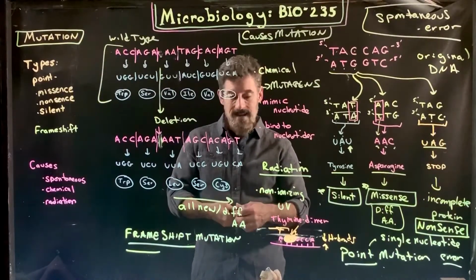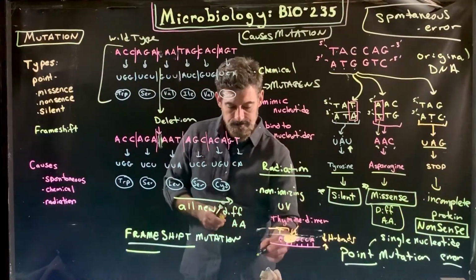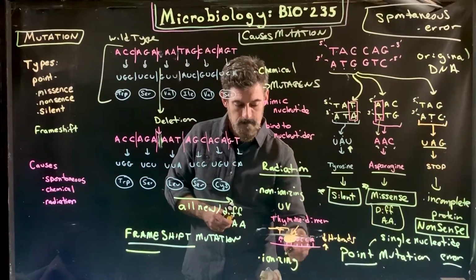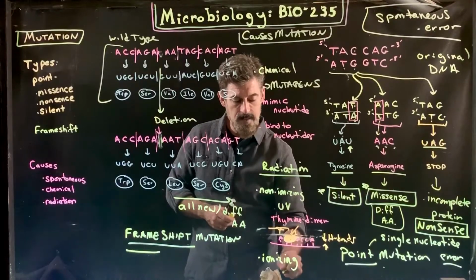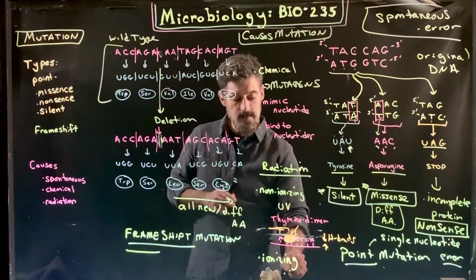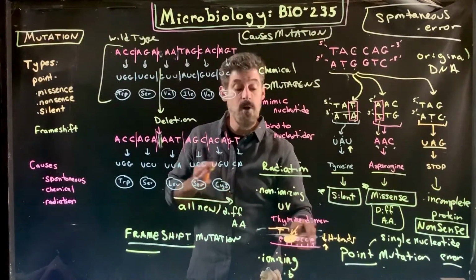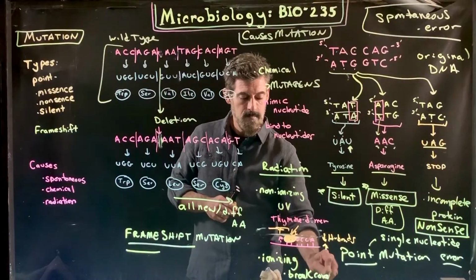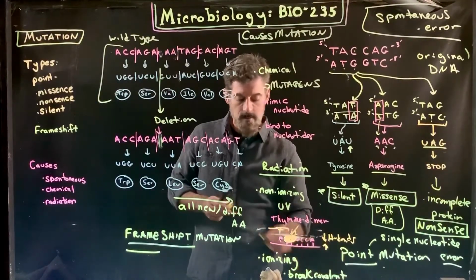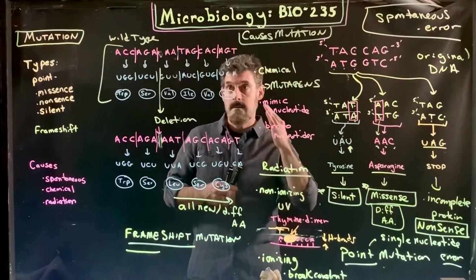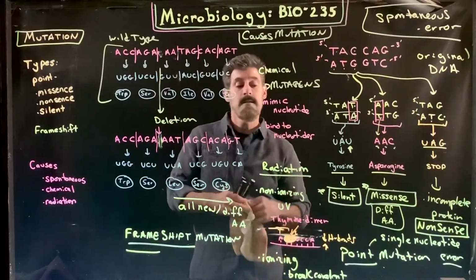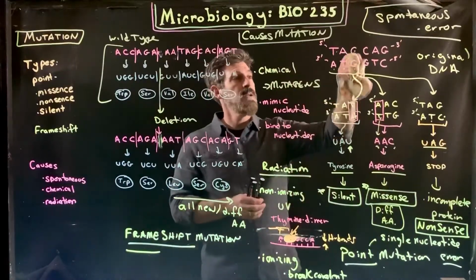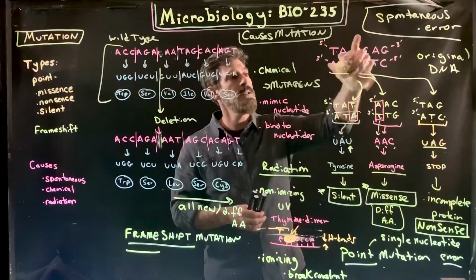You also can then get ionizing radiation. Ionizing radiation will create free radicals, and it can also break covalent bonds. So it can actually cause cuts. Instead of between two strands of DNA, it can actually cut the DNA itself.